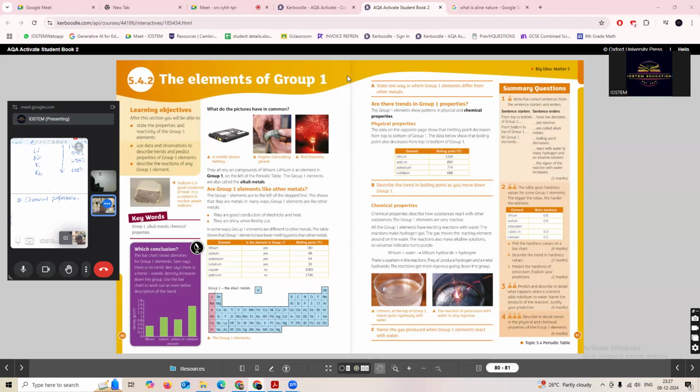It generally describes how a substance reacts with another substance.